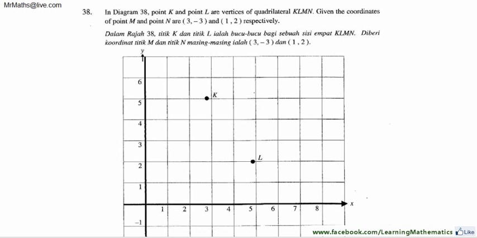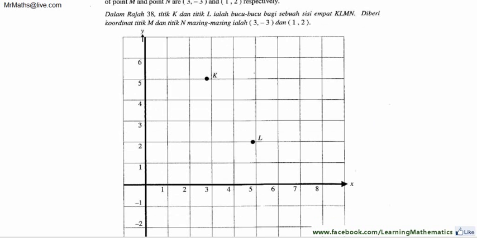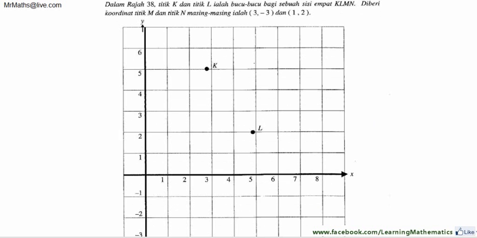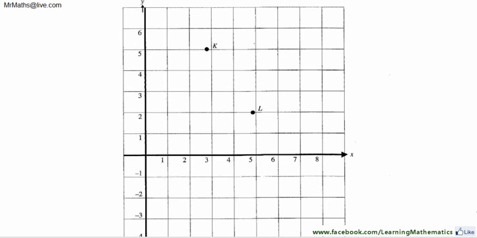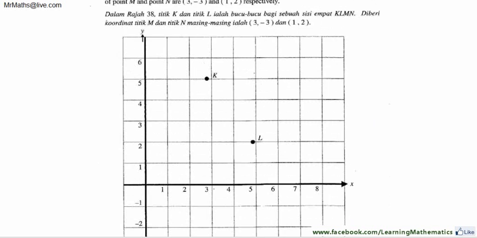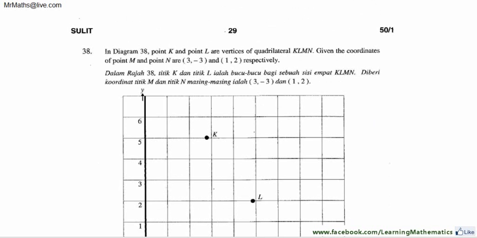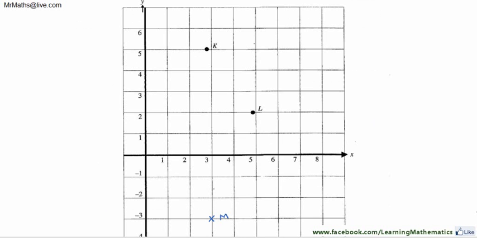So it's down there. 3, minus 3. So 3, minus 3 here. This is our point M, and N is 1, 2. 1, 2 here. So this is point N.